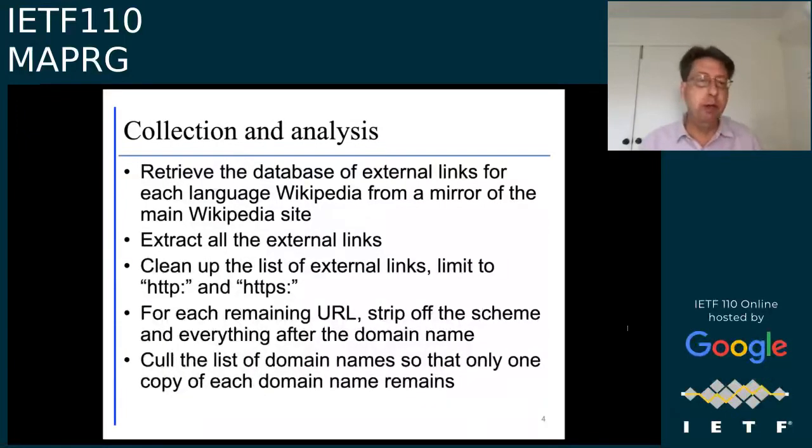So this gave me a list of all the domain names for all of the links. Then I had to cull the list because there was a lot of duplication. A million things point back to sites like Google, or for a large university there might be thousands of links. Next slide.